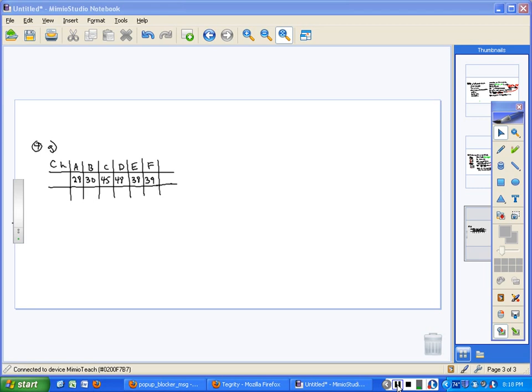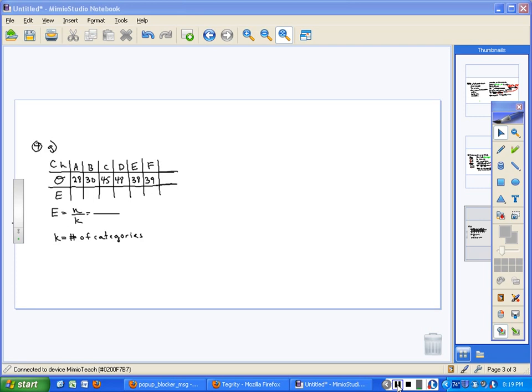Okay, this problem is from Chapter 11. We covered 3 types of problems in Chapter 11. And this is the type, these frequencies would be called O for the observed values. And now we have to come up with the expected values. And the formula for expected values is N divided by K, where K is equal to the number of categories.